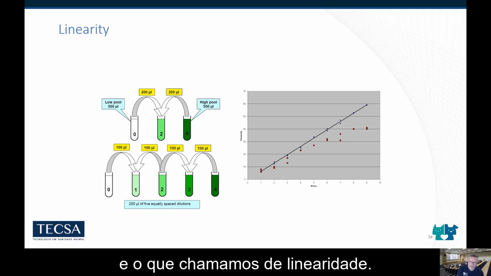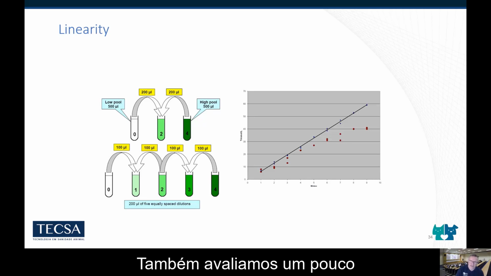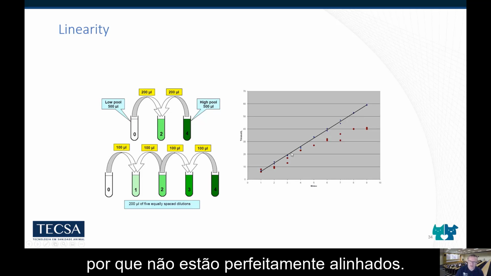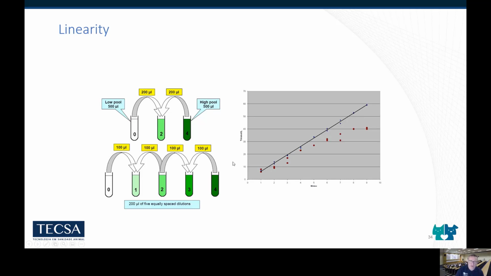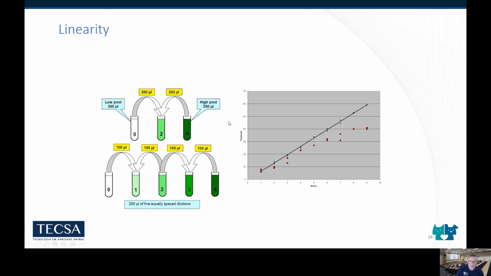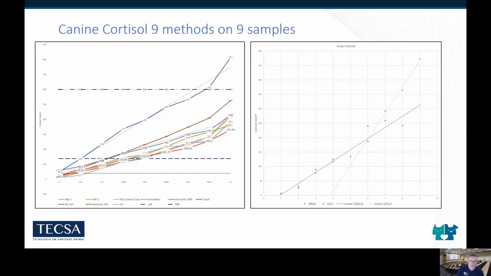It tells us about something called linearity, and it also tells us a little bit about precision, because the variability in the results could be one reason why they're not landing perfectly on the line. So that's an introduction to some of the graphics I'm going to show you next, which use that kind of approach to quickly see what's going on with assays.